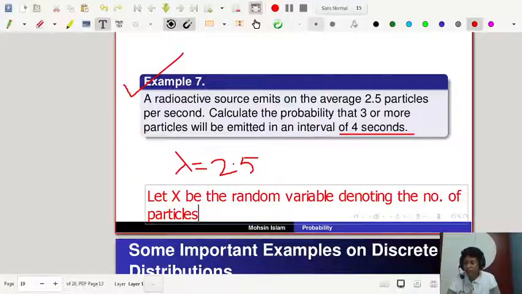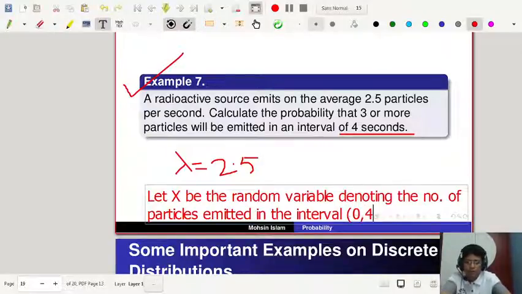You have to write this in every problem, very very important step. What is the interval? In 4 seconds, 0 to 4, right?